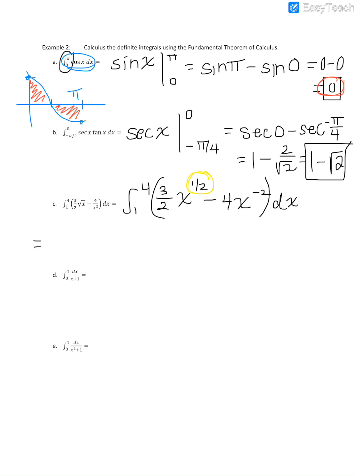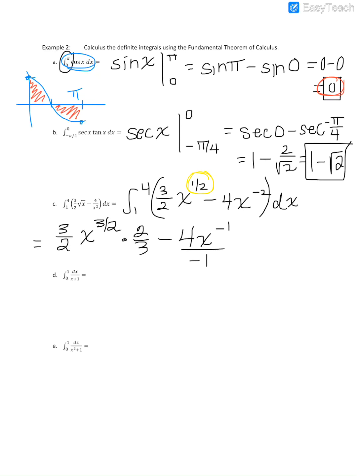So here I'm going to do 3/2 x to the 3/2. We then times by the reciprocal or divide by that, whichever way you want to look at it. So that would be 2/3 minus 4x, add 1 to the -2, -1, divide by -1.